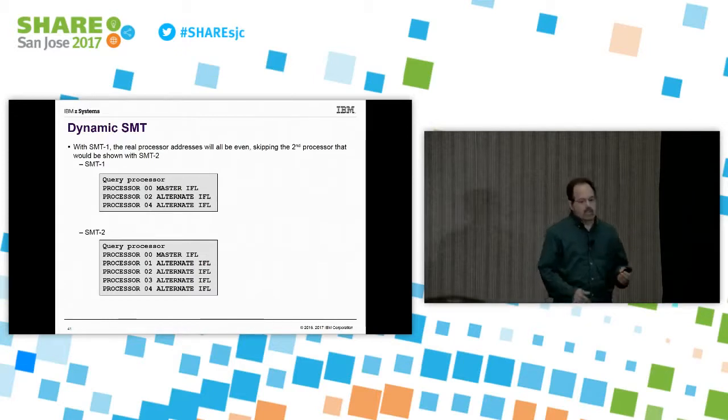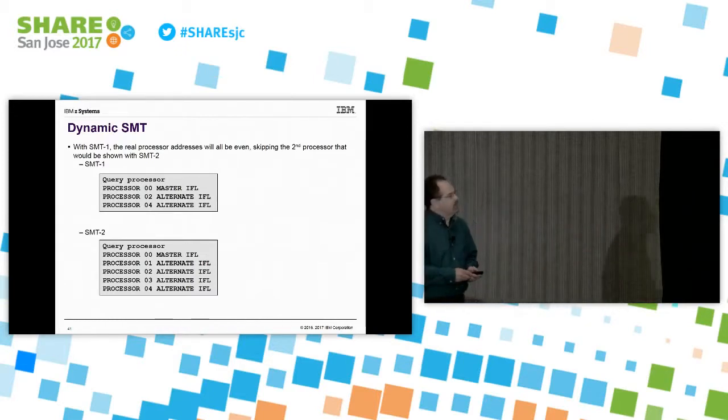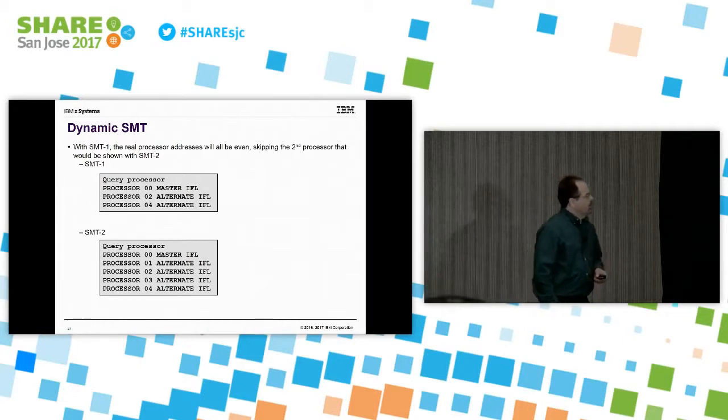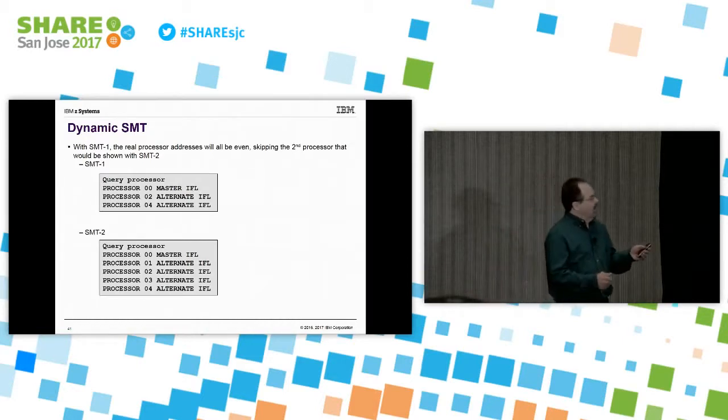Essentially, the odd number processors, the second logical processor in each core, is not active, so it won't show up. We change that to SMT 2, then you see both logical processors in each core. They are active, they're just not visible, right? Not used.